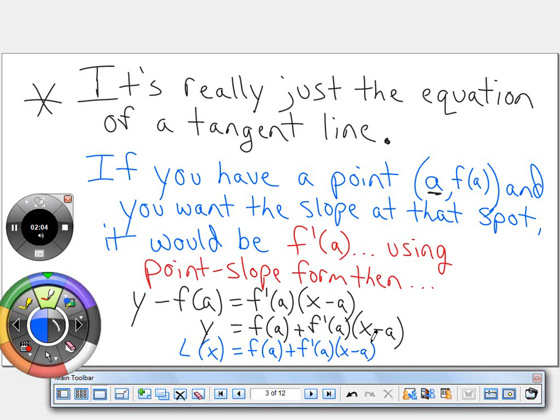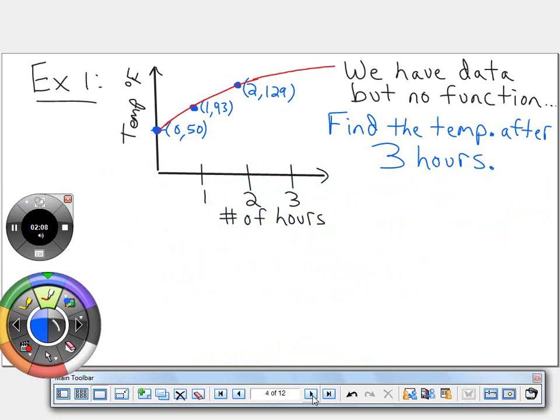Okay, so let's look at an example. Here we've got a turkey, and the turkey is in the oven. We really don't know the function to describe the temperature of the turkey for any number of hours that it's in the oven. We've got a little bit of data, but no function.